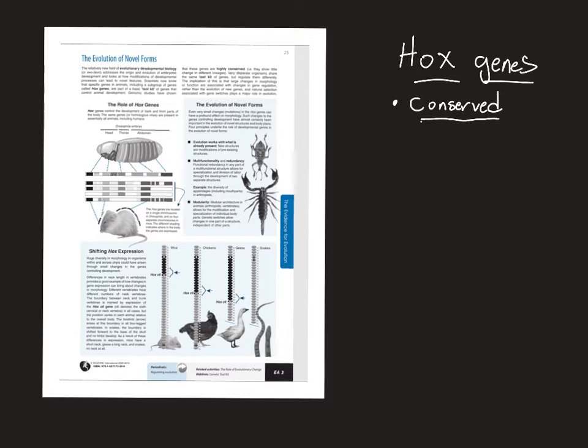And since it works and it's very important to the survival of the organism, any changes in that gene are dangerous and generally lead to not a successful outcome. So the genes are conserved.